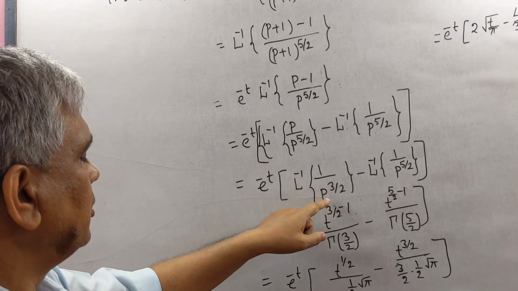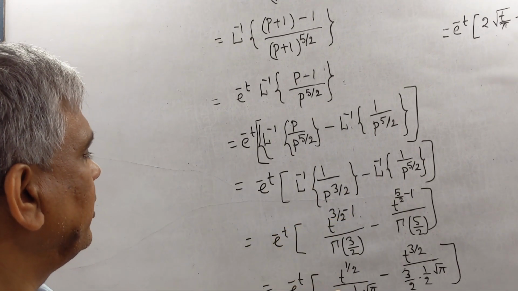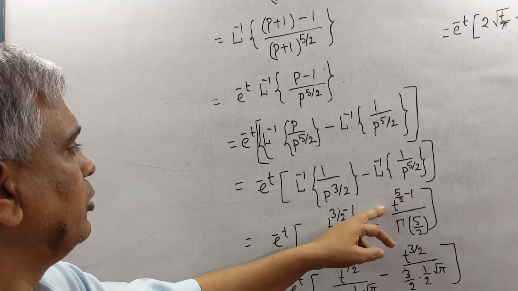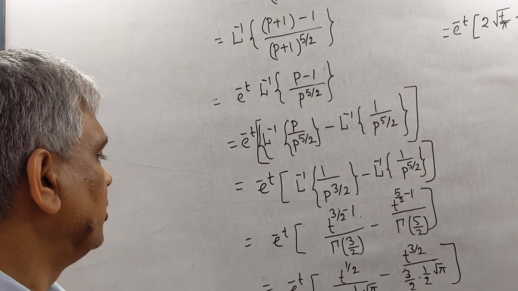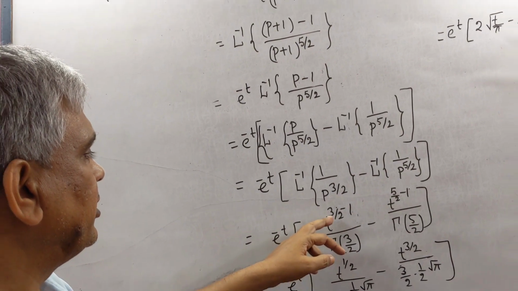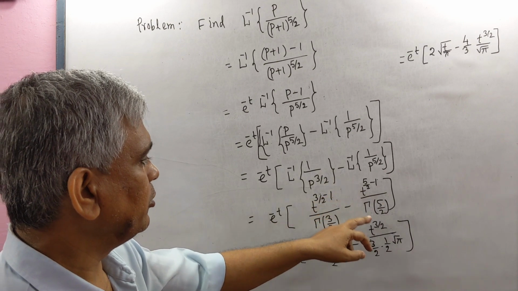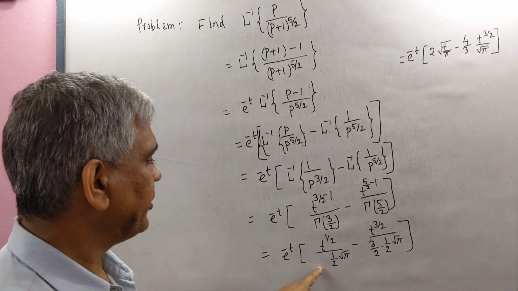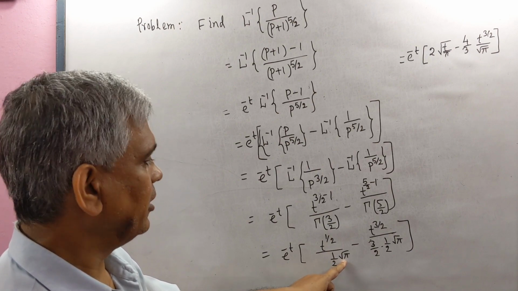So this will be t to the power (3 by 2 minus 1) by gamma 3 by 2 minus t to the power (5 by 2 minus 1) by gamma 5 by 2. So here t to the power (3 by 2 minus 1) is t to the power half. Gamma 3 by 2 is half gamma half, that is square root pi.